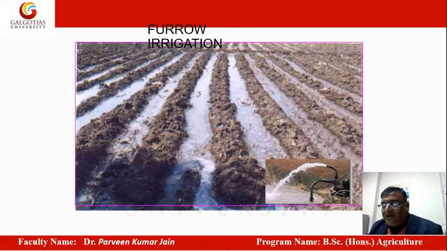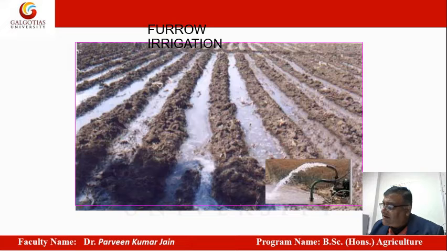The other way to irrigate a farm is by furrows, where lots of water is there. You can see in this picture that lots of water has accumulated in the fields, and lots of pumping has been in process. The pump may be running for hours together, and it is just electricity wastage.